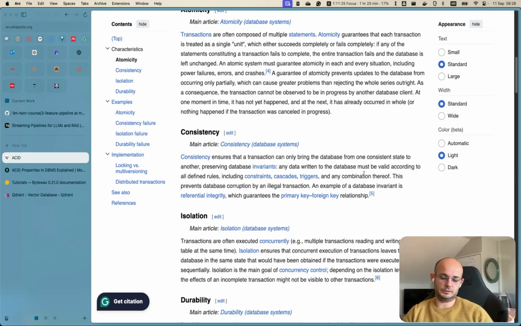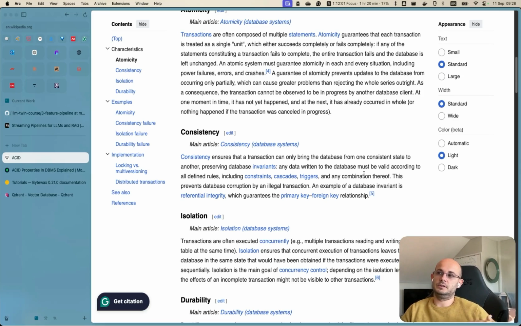Consistency: you can never put the database in an inconsistent or an illegal state. For instance, if you have primary keys or you have a constraint that says that there's a uniqueness for a specific ID and that transaction occurs and there would be a duplication of the same ID, you're not allowed to do that. The transaction will fail because you are going to be putting the database into an inconsistent state.